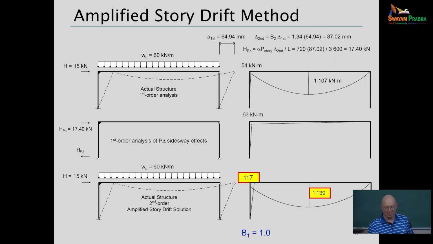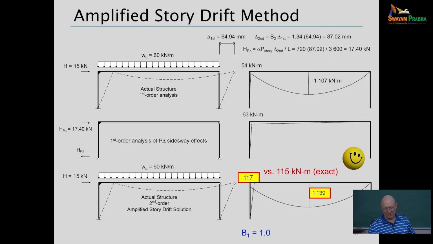Now, typically in a sway frame, more often than not, your B1 factor is going to be equal to 1, so that's very simple. In general, if B1 was not equal to 1, we would do 54 plus 63 gives us 117, and then multiply that 117 by B1, just to cover the bases with any P small delta effects in the column.